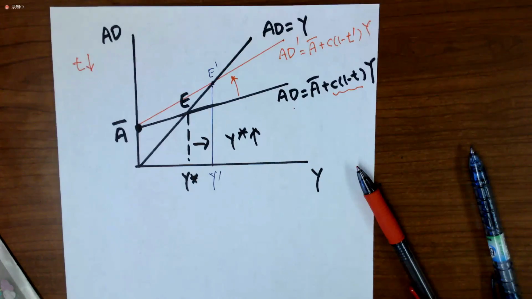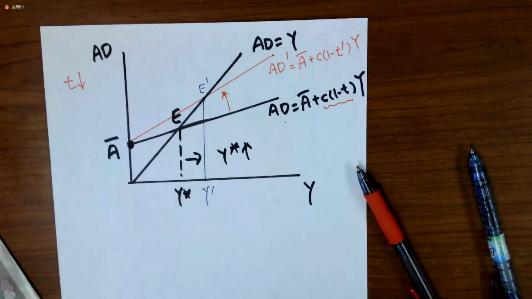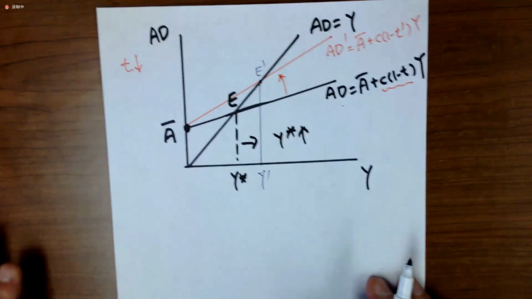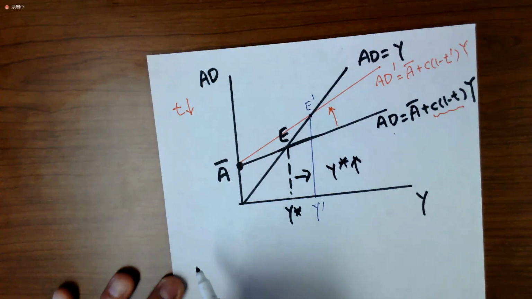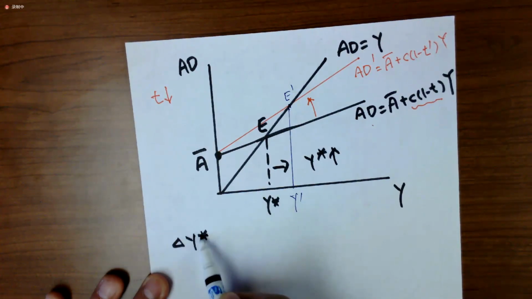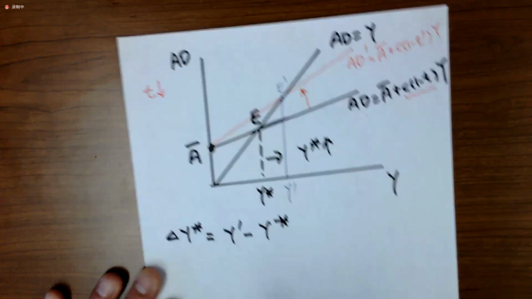Agree? Yes. All right. Then the final thing we need to do is to derive the tax multiplier: Y prime minus Y star.